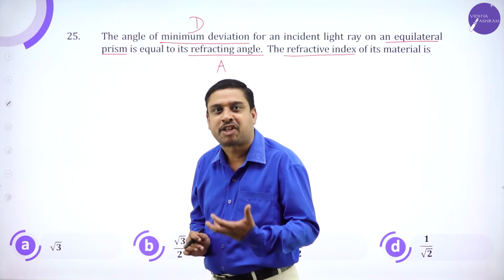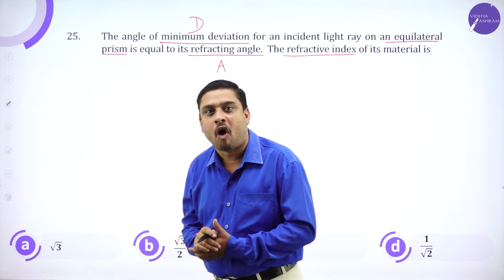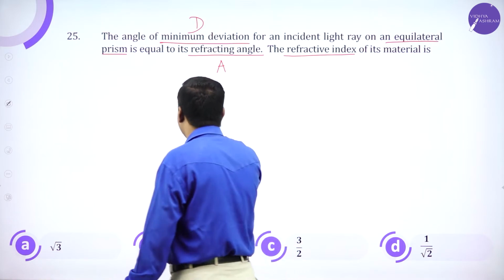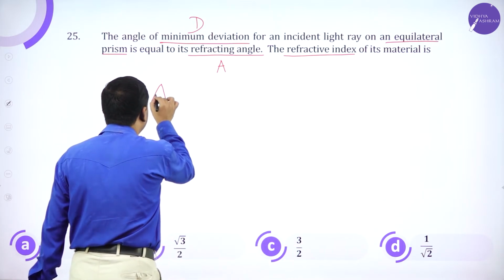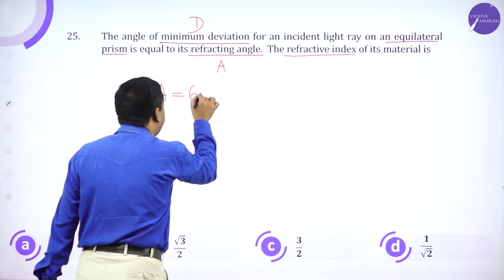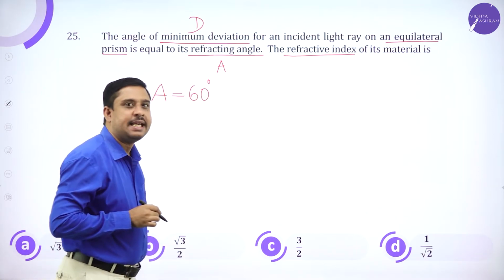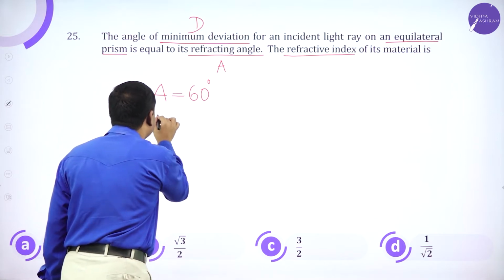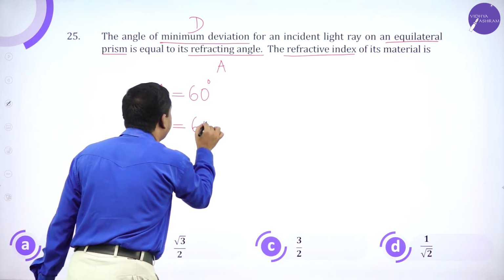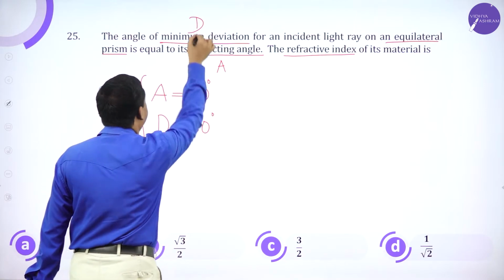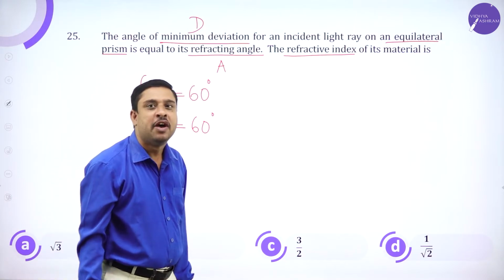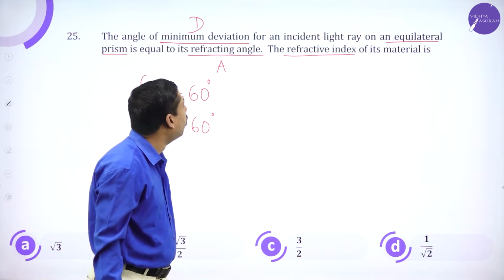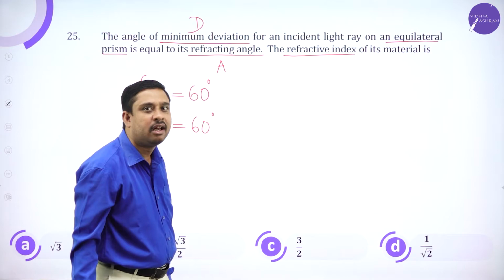Angle of refraction or angle of the prism. Yes, for an equilateral prism it is 60 degrees, which means this is also equal to D from the question. Clear? Angle of minimum deviation is equal to refracting angle.